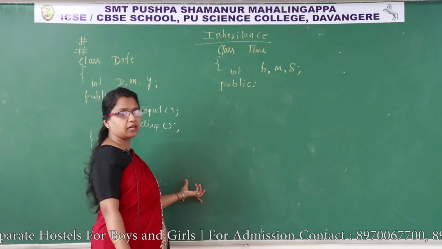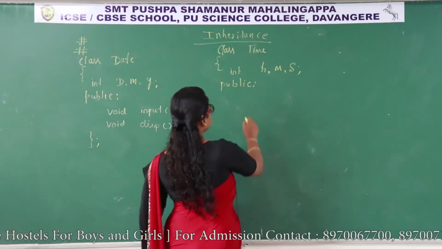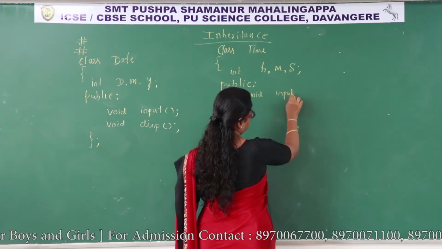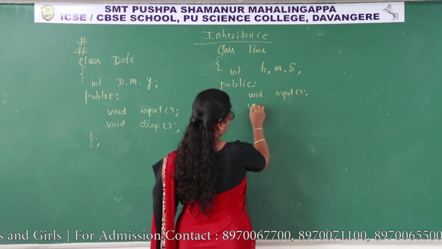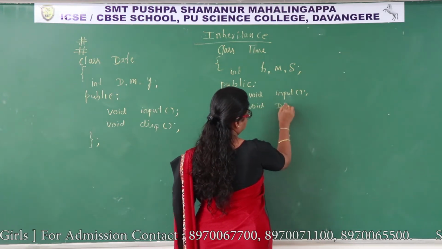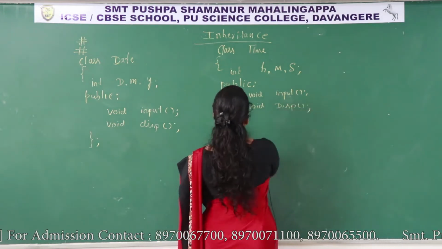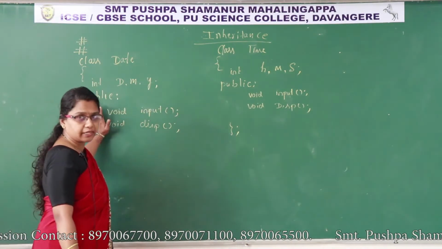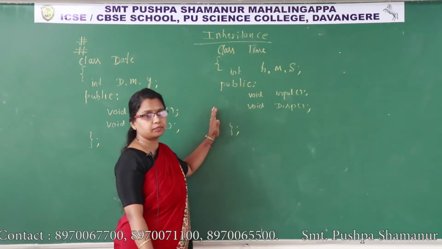You have to input the time and it displays the time. Void input, void disp. So this is meant only to access date and this is only for time.